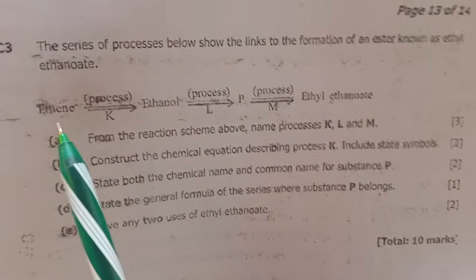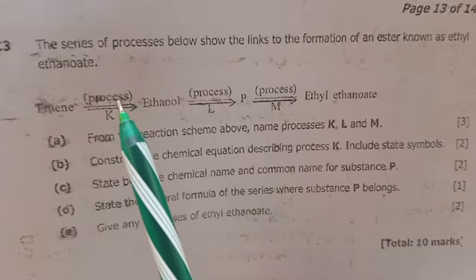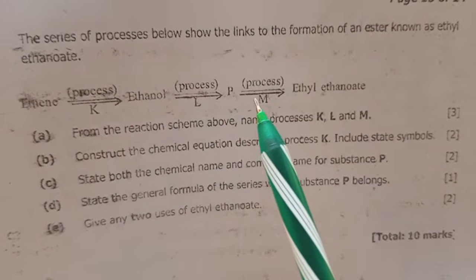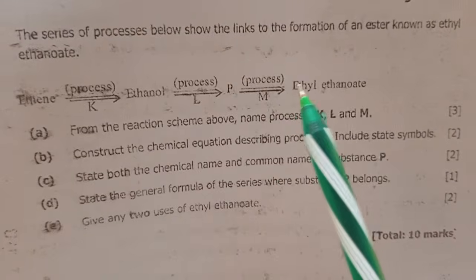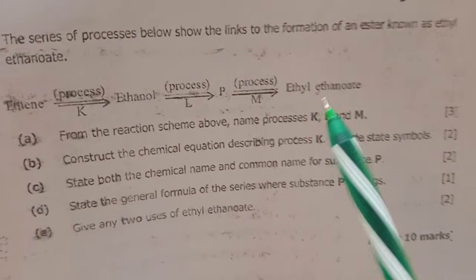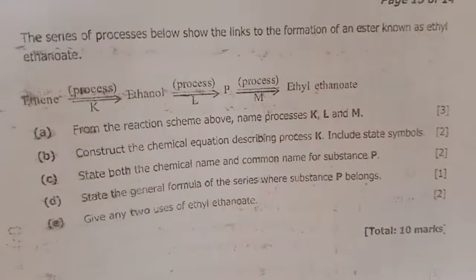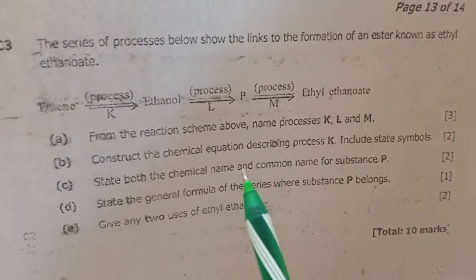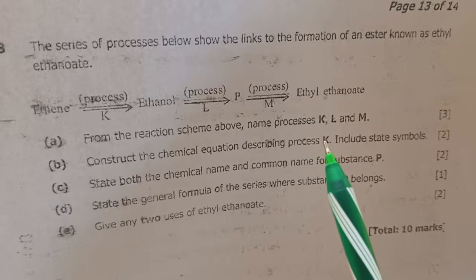It starts with ethene. Then there's a process, we have ethanol. Process, M is produced. Then a process, then you have ethyl ethanoate. Now, there is a question from the reaction scheme above named processes K, L, M. So now we get started.